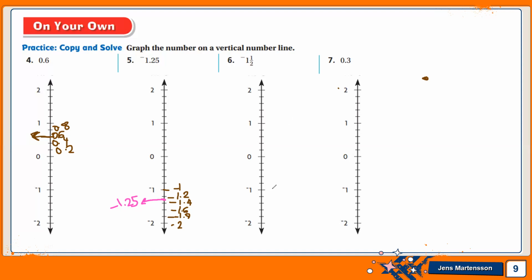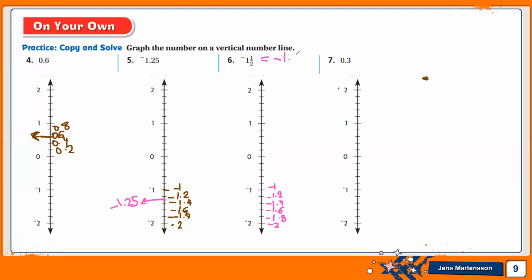So this is here, negative 1, negative 1.2. I will continue. Bravo. Now, negative 1.5, what does it mean? How do you write it as a decimal? Negative 1 point what? Now, half.